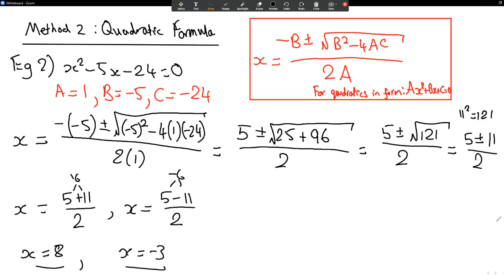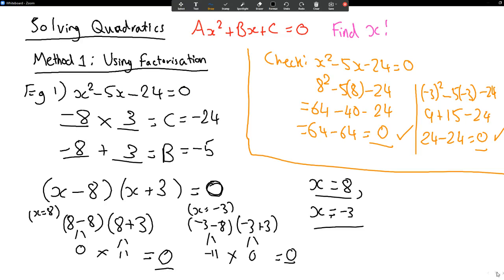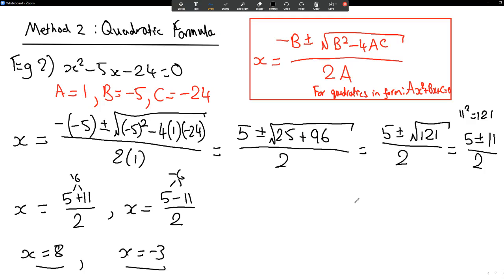So now you can use these two formulas, or these two methods. Now the question is, when would you use one over the other? Well, normally if you have a calculator, the quadratic formula is the easiest and most agile formula to use, and it's also a lot quicker.